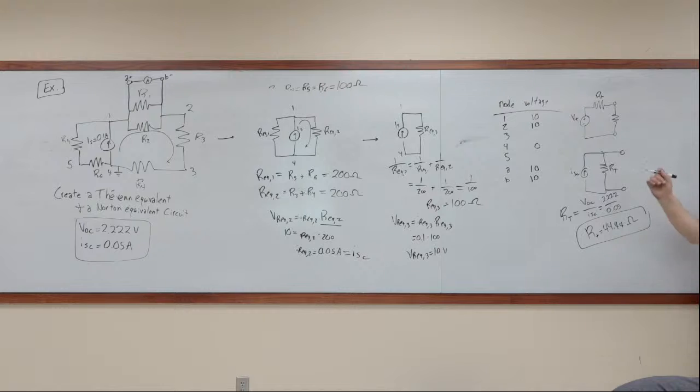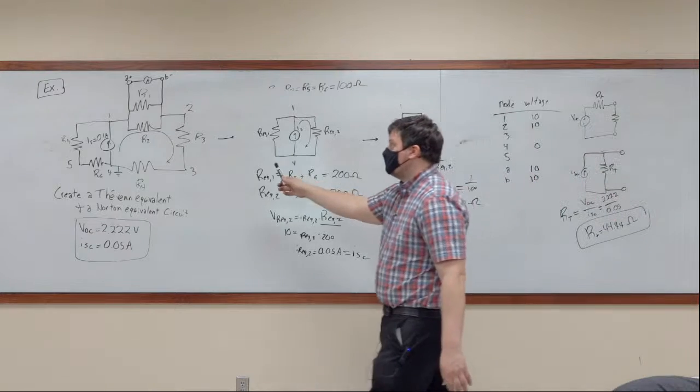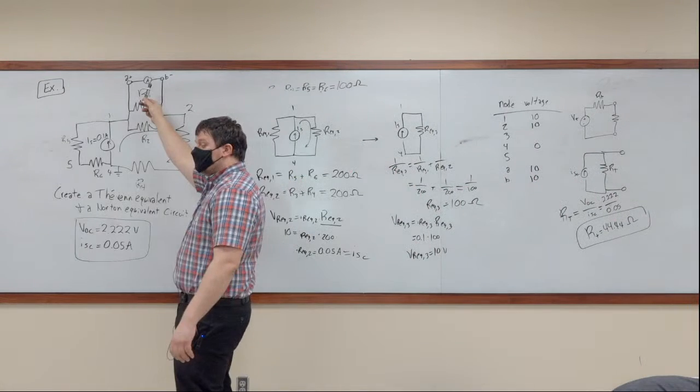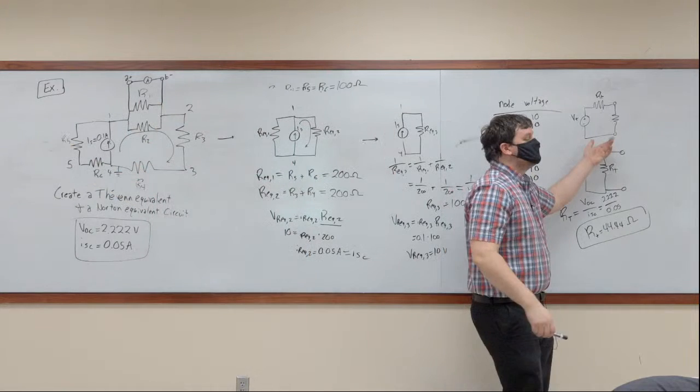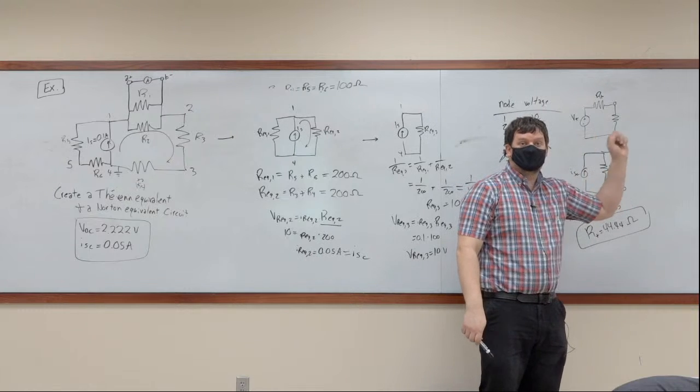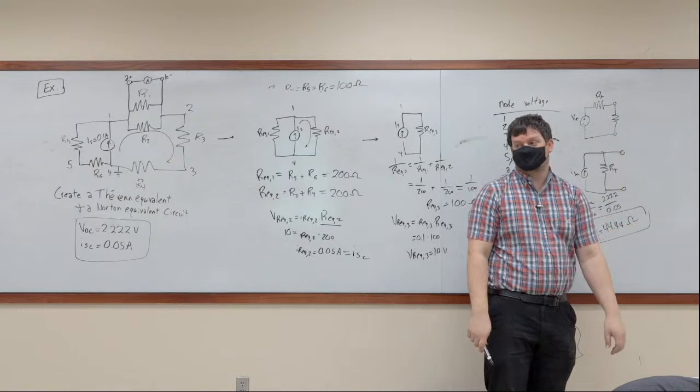So, moral of this story, experimental values are easier to work with. But the concept here is you build this circuit this way, you make those two measurements, and now you can do all of the calculations that you want here in a much easier format. All right?